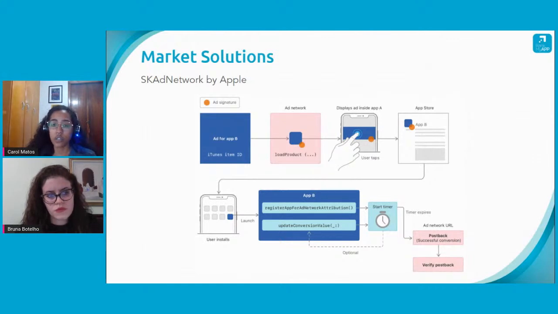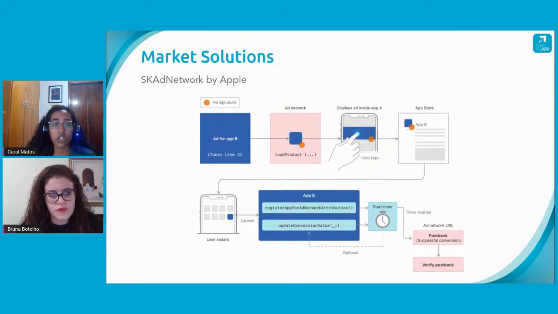Even though it was launched 3 years ago, the SK network is being better developed now, focusing on the attribution for iOS 14 campaigns. And it has some limitations. It has a delay of 24 to 48 hours to report the conversion. The data is more fragile and open to manipulation, increasing the risk of fraud.